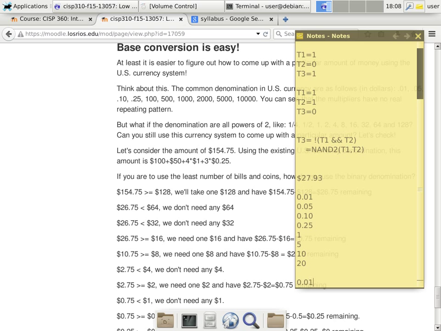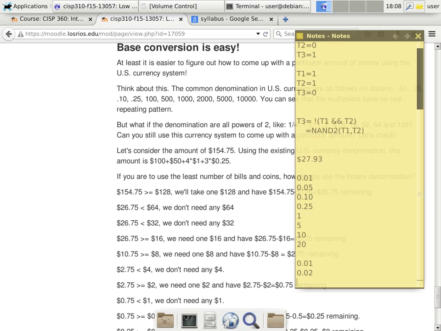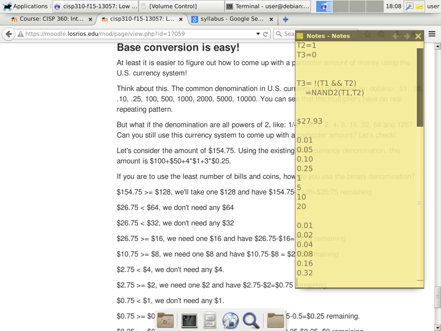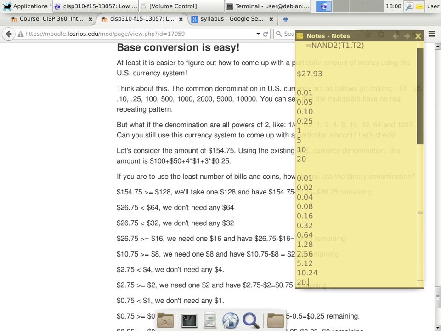So now we have a penny, a 2 penny, a 4 penny, an 8 penny, 16, 32, 64, $1.28, $2.56, and the next one up is $5.12, $10.24, and $20.48. That's all we need, I think.